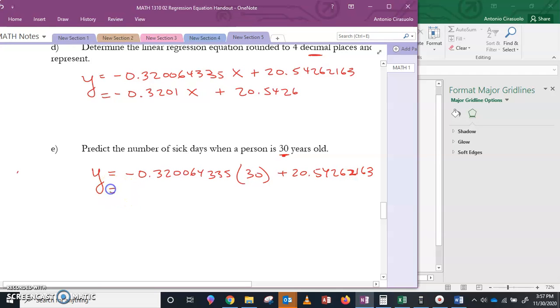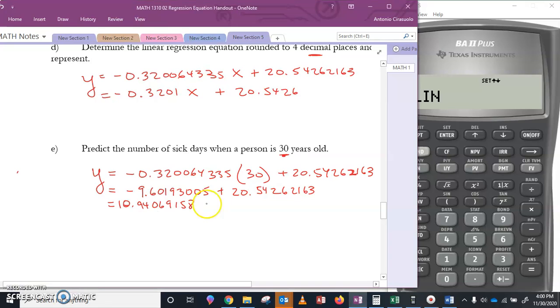And when we do the math, we get the following. And depending on how I ask you to round, suppose I said 1 decimal place, that's going to be 10.9 approximately. Okay, and that's the number of sick days.